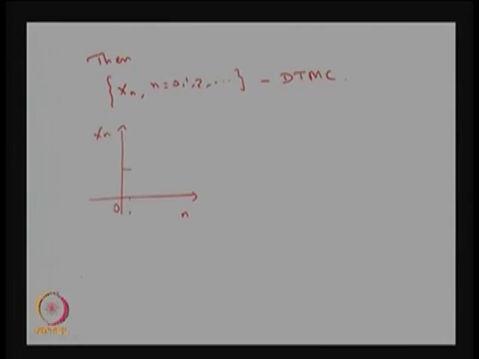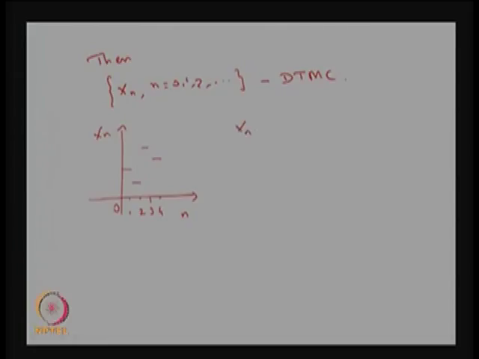At n equal to 1 it would have a different value, and at n equal to 2 a different value. These could be finite or countably infinite values, so the state space is discrete and the parameter space is discrete. Like that it takes different values over n. This is the sample path or trace of the stochastic process xn.